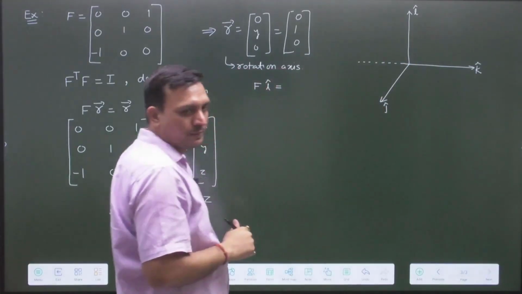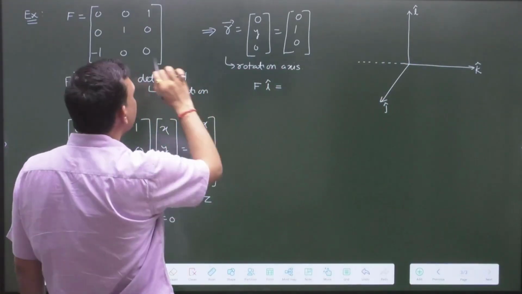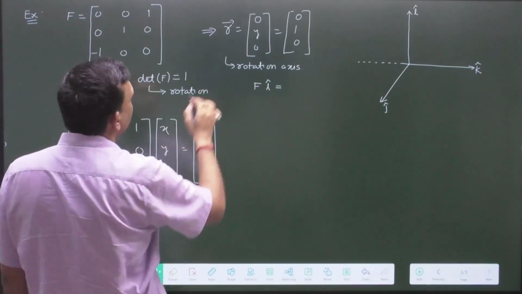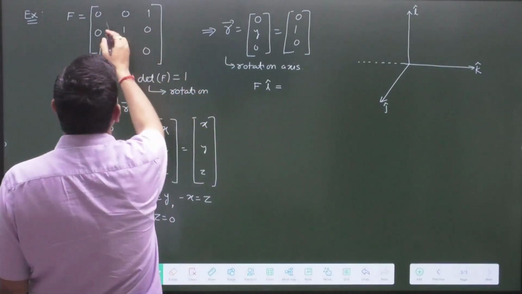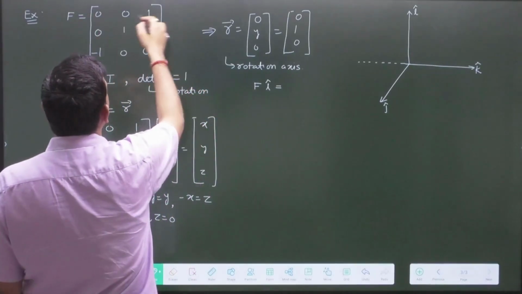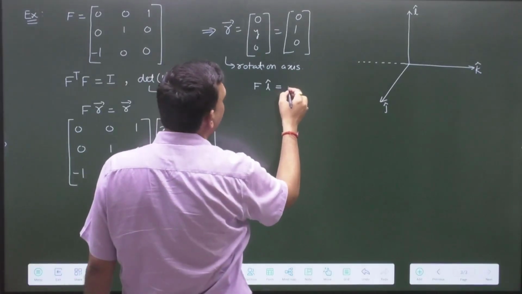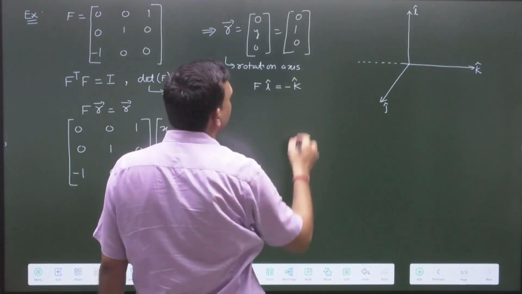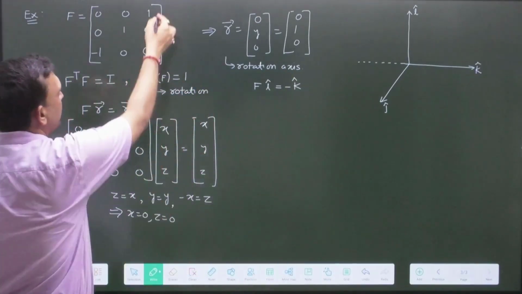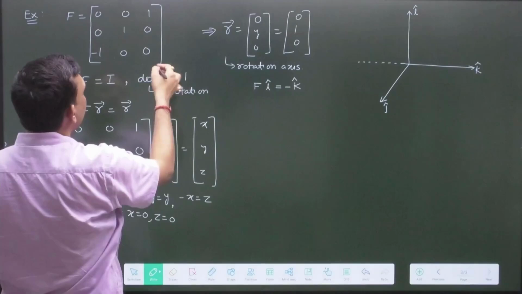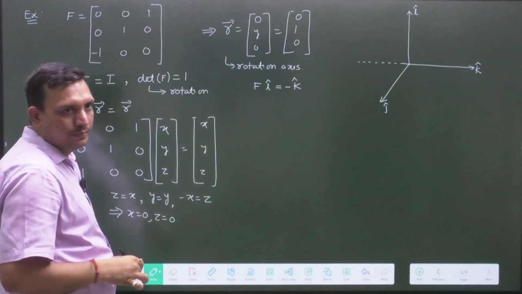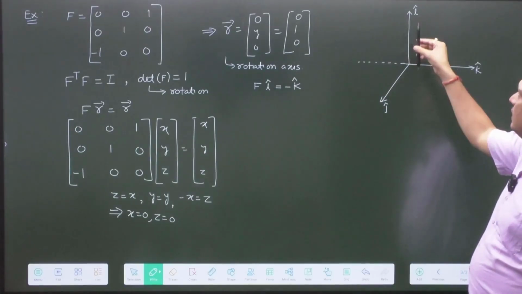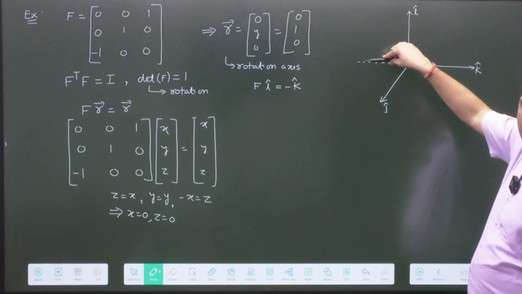So I am operating matrix F on I cap. What will happen? Just see. If you put 1, 0, 0 here, you will get minus K cap. Yes or no? So if this is the rotation axis and this is I cap, I cap becomes minus K cap.